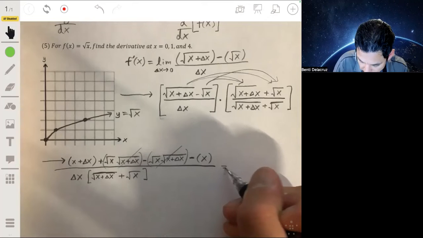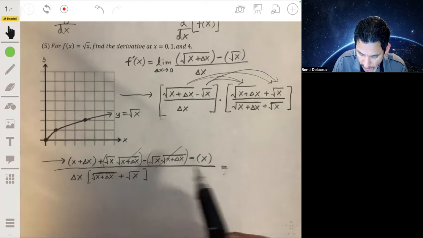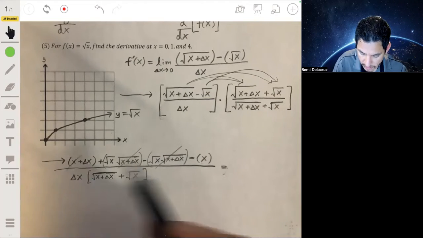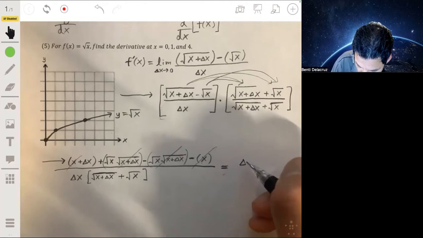And so the numerator becomes x plus delta x minus x. These x's cancel, x minus x, and all you have left on top is just a delta x.